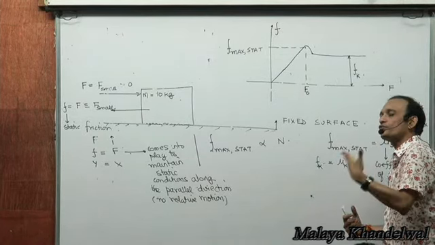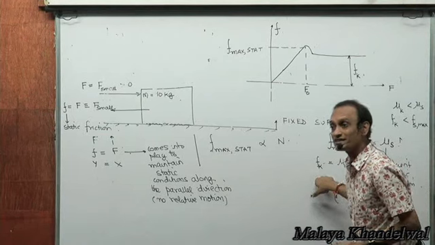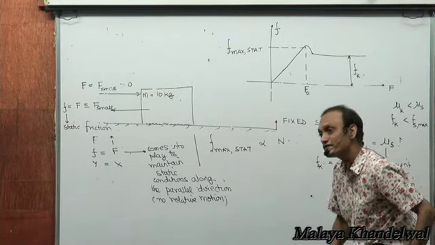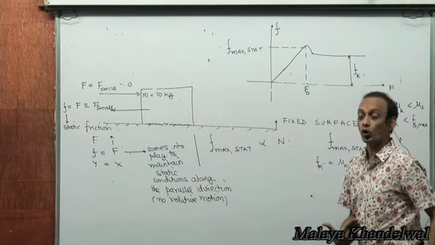When static conditions prevail between two surfaces but there is prospect of relative motion, friction will oppose that prospect, and that value of frictional force is static friction. It is variable in nature, but it has a maximum limit. The maximum value of static friction is given by mu s into N, where mu s is the coefficient of static friction. All of you understand this? Not a problem?